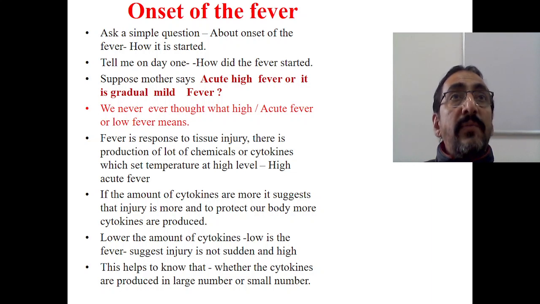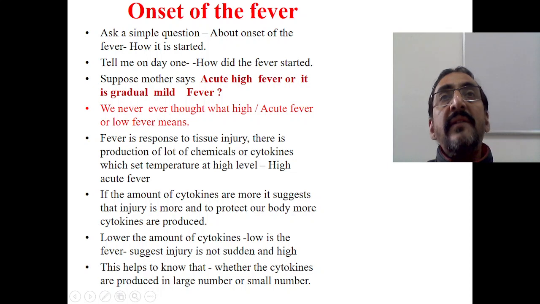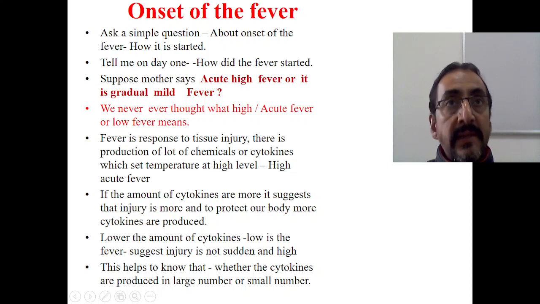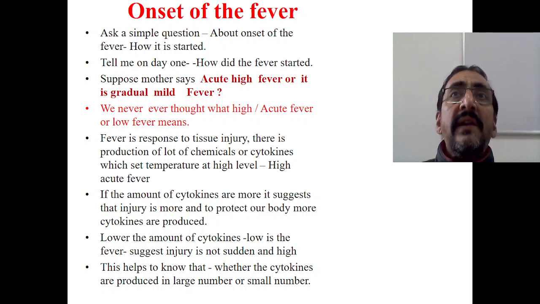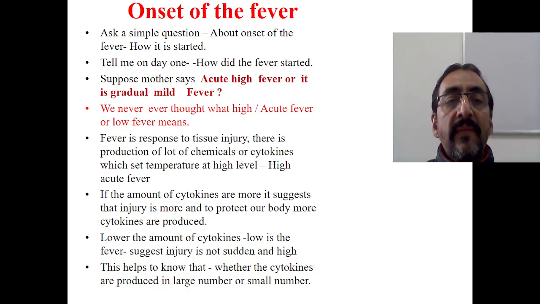If there is production of more and more cytokines, then the temperature will be set at a new level at a very acute stage, that means very fast, and this we call high fever or acute fever.